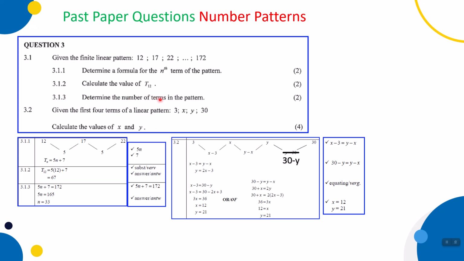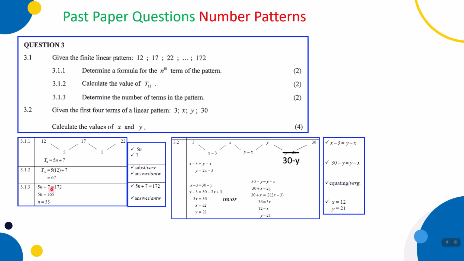3.1.3, determine the number of terms in the pattern, 2 marks. Again, you can use your general term formula to determine how many terms there are. Well, then you must look at the last one. We know the value of the last term is 172, but we don't know its position. So if I can find its position, then I know how many terms there are in total.